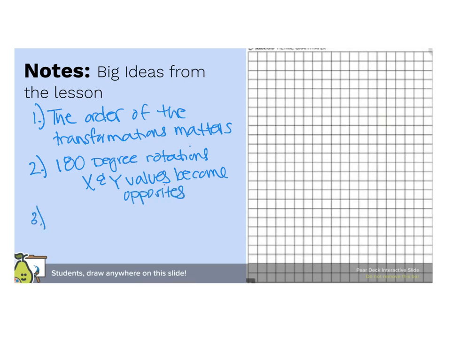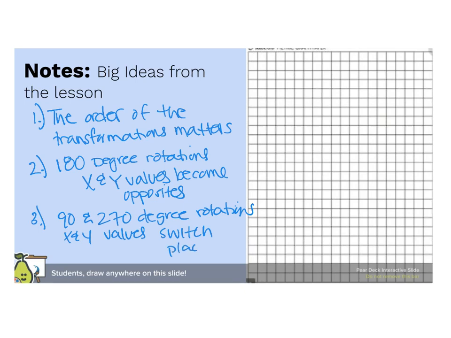And then for 90 and 270-degree rotations, X and Y values actually switch. That's just something I want to keep fresh in my mind so I don't have to go looking in different lessons for it. So these are really the three key facts.